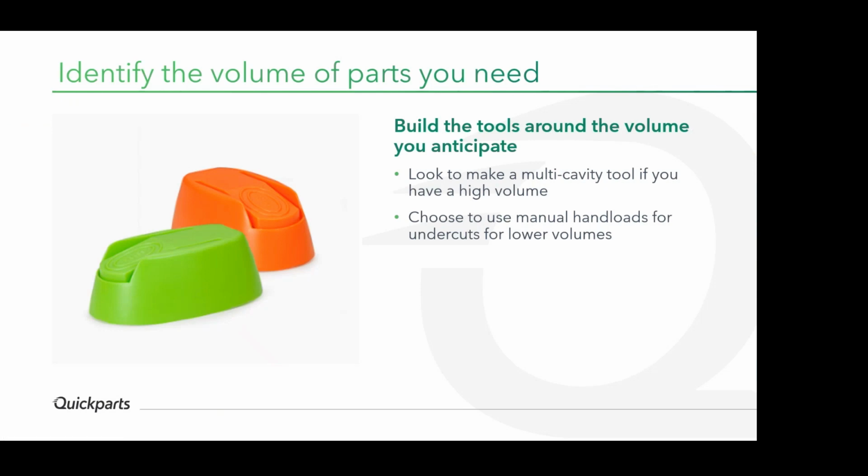Identify the volume of parts you need, right? It typically depends on what stage of the product life cycle you are at. At an initial stage where you are just prototyping, make a prototype tool, right? An aluminum tool that has just hand load inserts, and we can make it at Quick Parts in maybe 5-10 days. It will give you parts in the correct production material, and good looking parts very quickly.